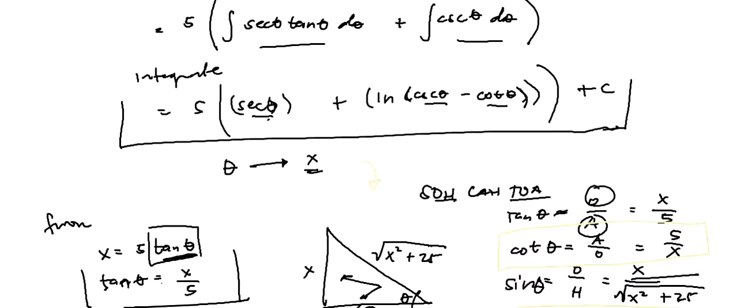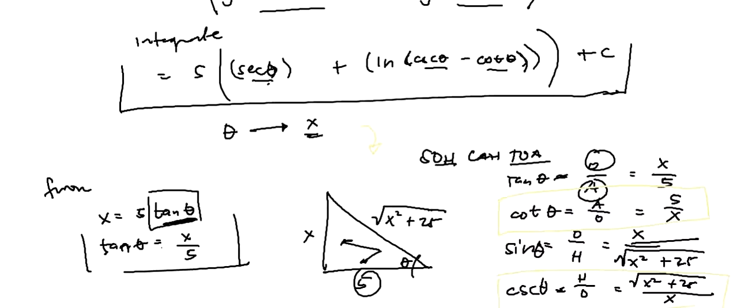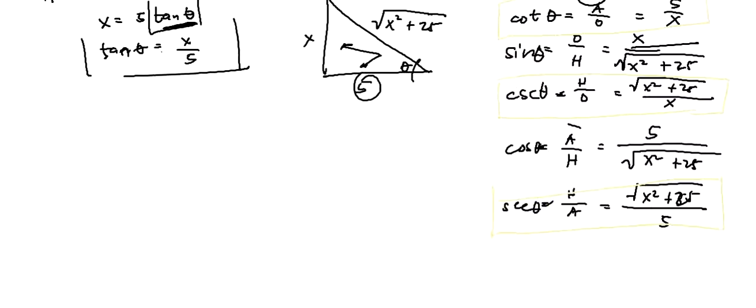Okay, so from here, let me erase this one. So from here, you can now say that it is equal to 5 times the secant theta, which is square root of x squared plus 25 all over 5.